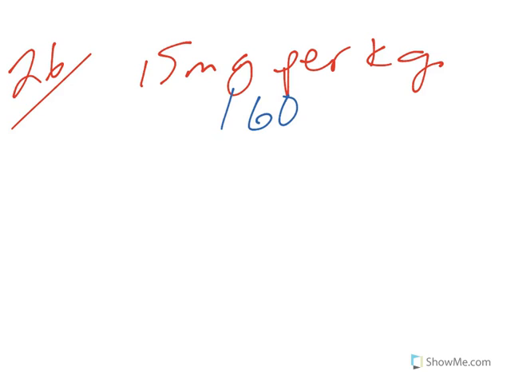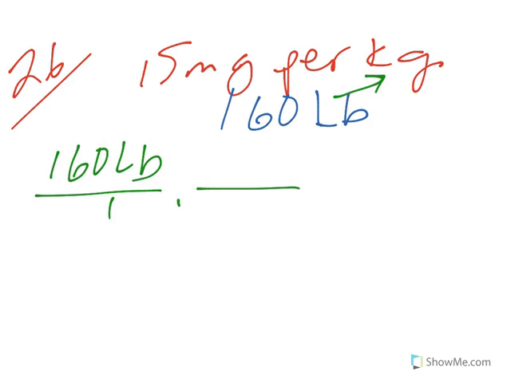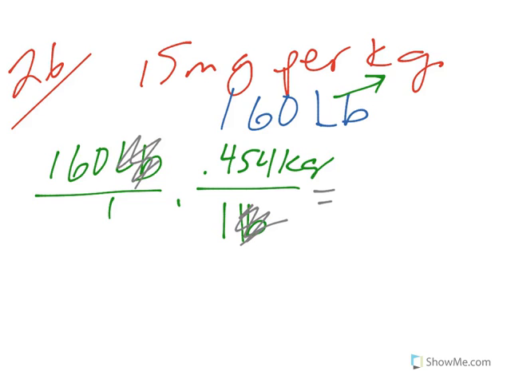Well, the first problem is that they say 15 milligrams per kilogram, and then they say you've got a person weighing 160 pounds. So hopefully, red flag, we need to change 160 pounds to kilograms. So 1 pound is the same as 0.454 kilograms. That makes my pounds go away.